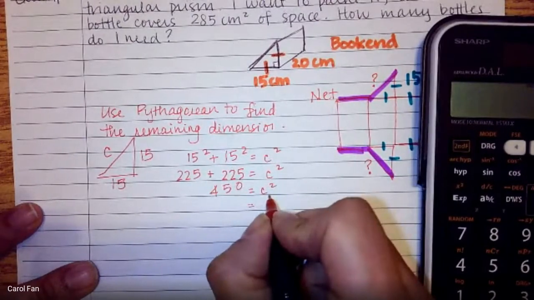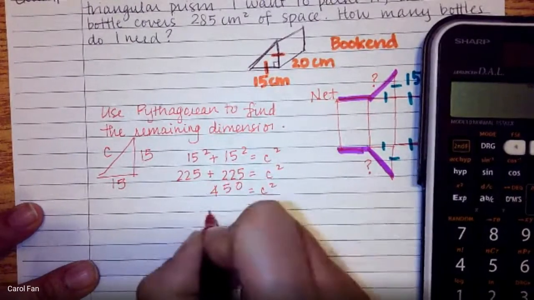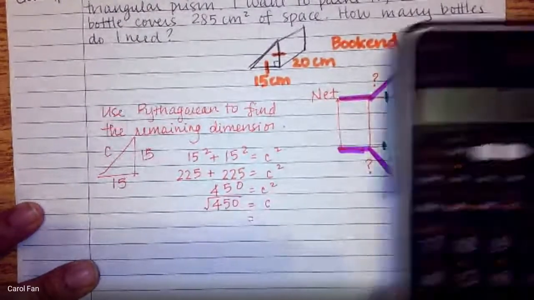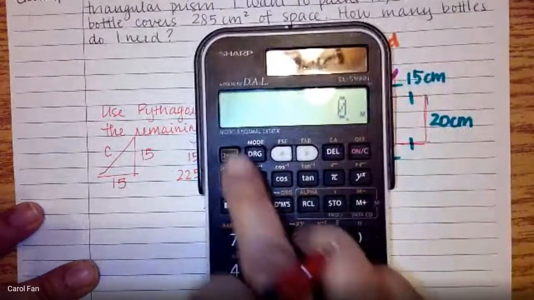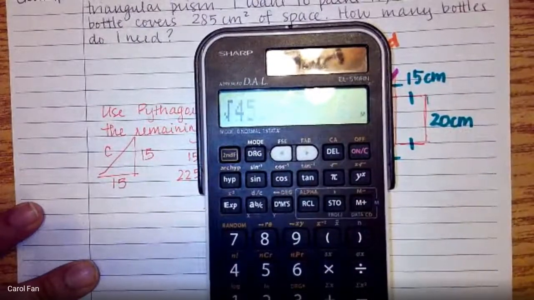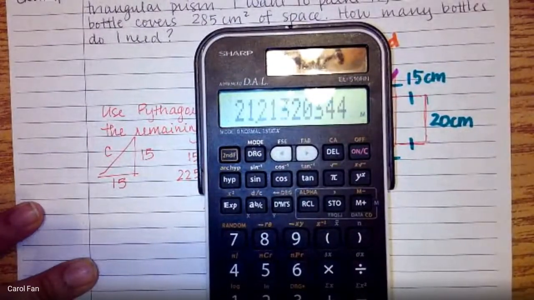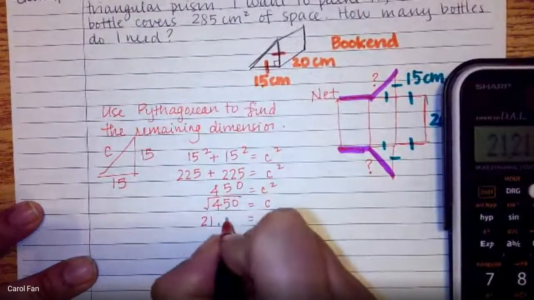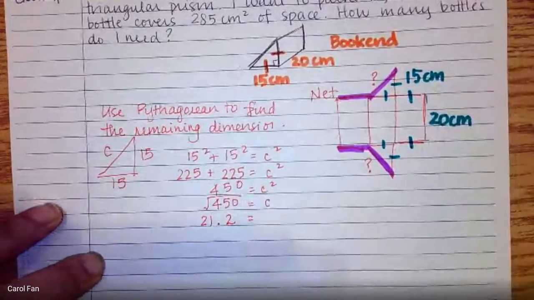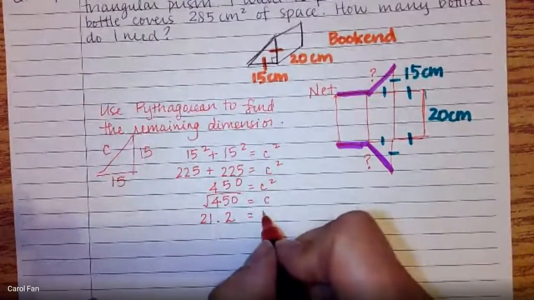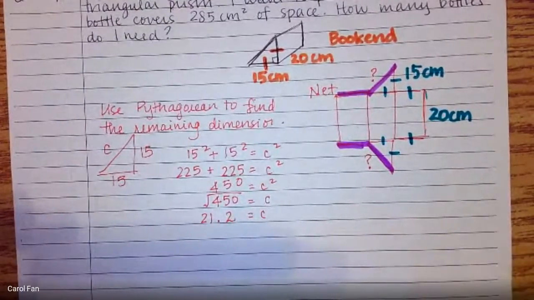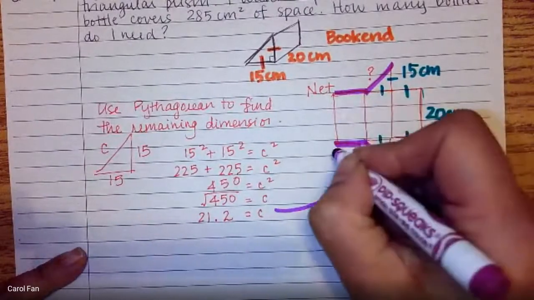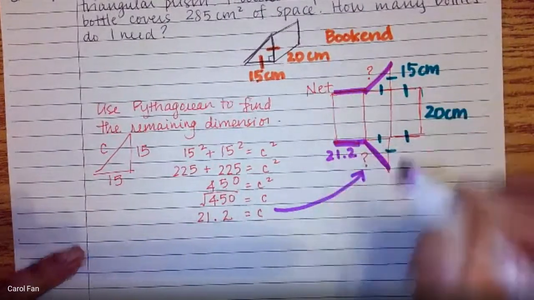Now to undo the C squared, we're going to take the square root. The square root of 450 is equal to 21.2. Now that tells us that my unit here is 21.2.